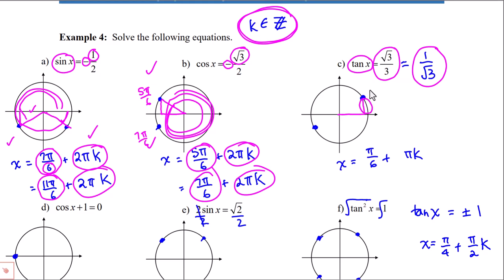So that's a small angle, or pi over 6. And then there's this one over here where tangent's also positive, but because tangent has a period of pi, I can just do this one and then go pi and get that one, and then pi and get this again and again and again.